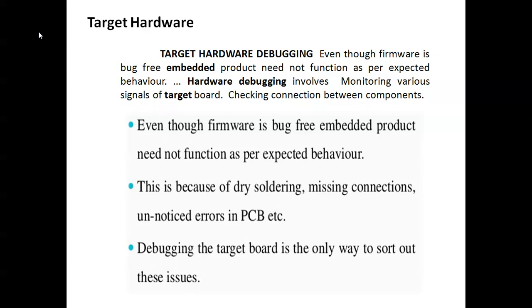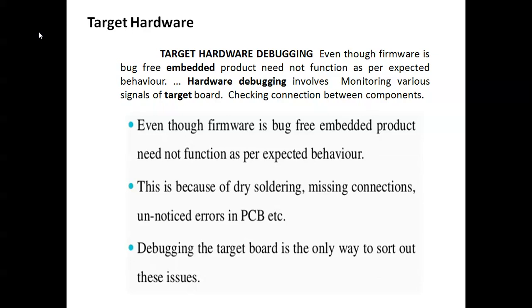Next one is target hardware. So what is target hardware debugging? Even if the firmware is a bug-free embedded product, it needs to function as per the expected behavior. Hardware debugging involves monitoring various signals of the target board and checking the connection between components.